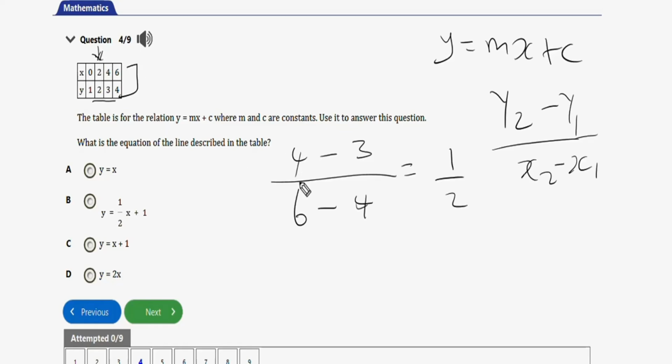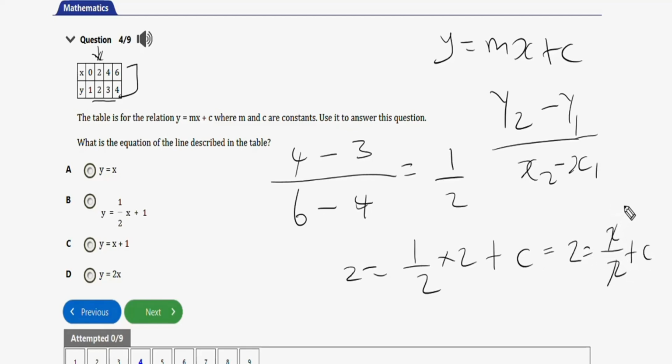So when y is 2, the dependent variable 2 equals, now our slope is half, then the independent variable x is also 2. When y is 2, x is also 2, so it will be times 2 plus, we're looking for c, right? So this is the same thing as 2 equals 2 over 2 plus c.